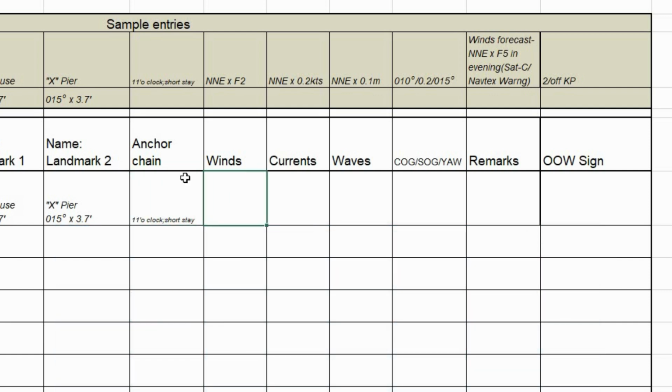Winds, currents, and waves. Course over ground, speed over ground and yawing. Remarks. Usually a weather forecast is indicated, and the signature of the officer of the watch.